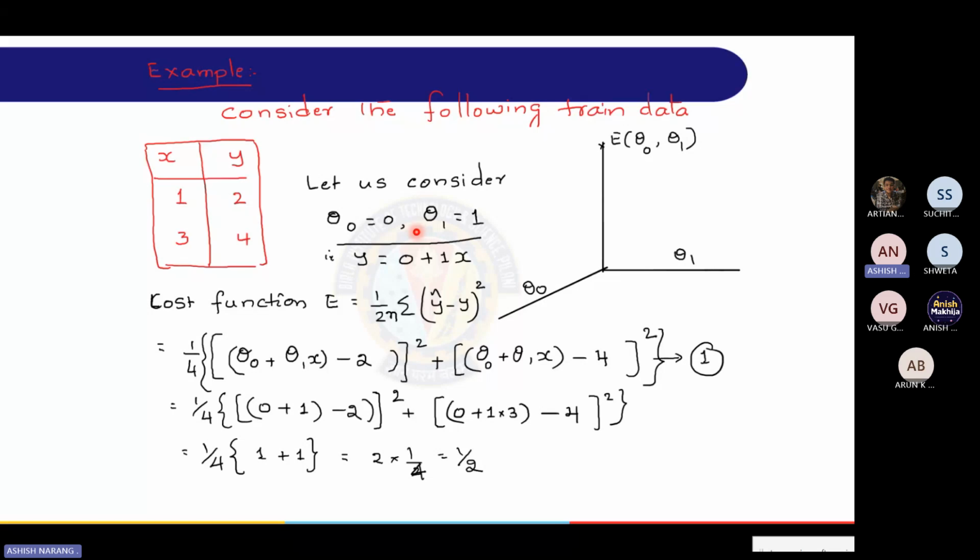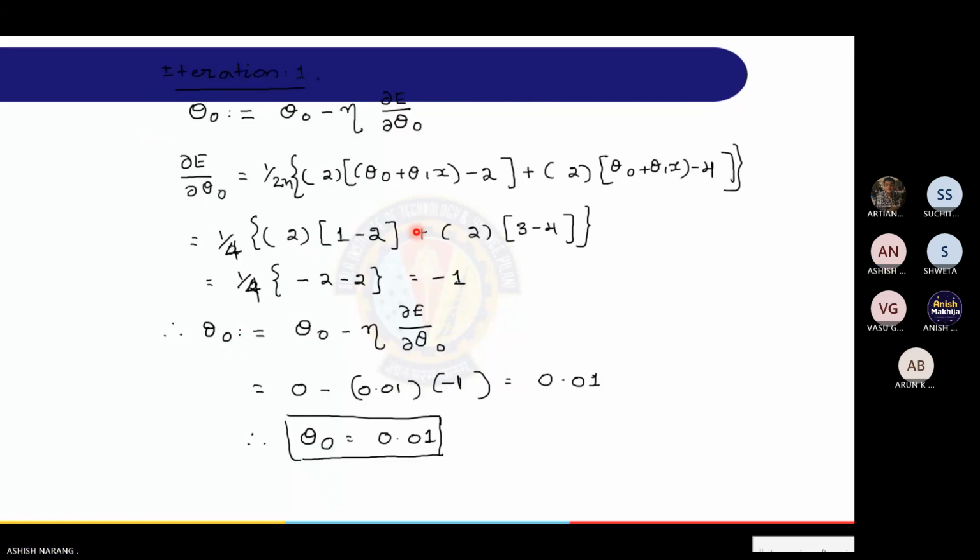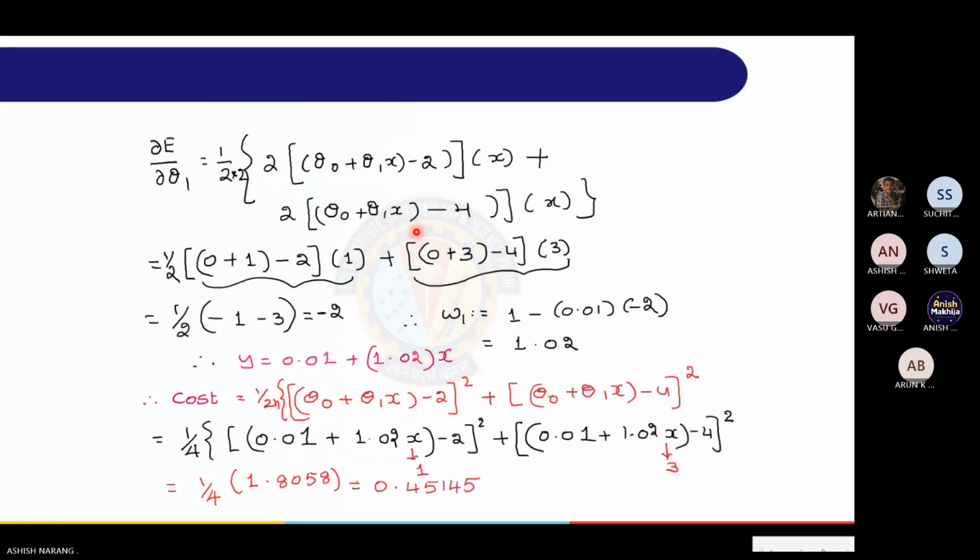So you have the equation 0.01 plus 1.02x. For the next iteration, keep alpha as 0.01. I'll give you 2-3 minutes, you do it. I'll wait for your answers to be uploaded. Do it step by step.